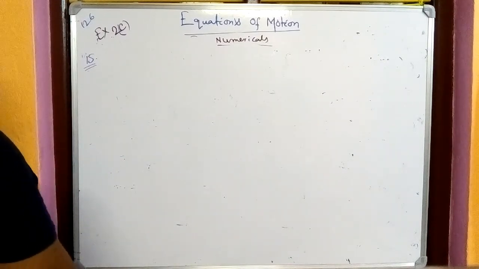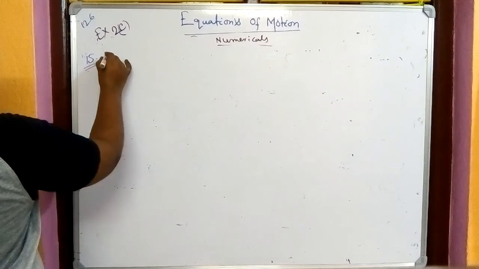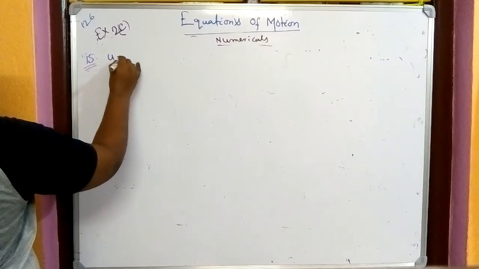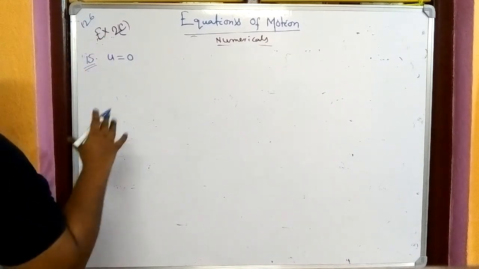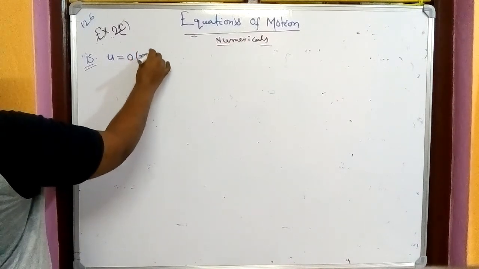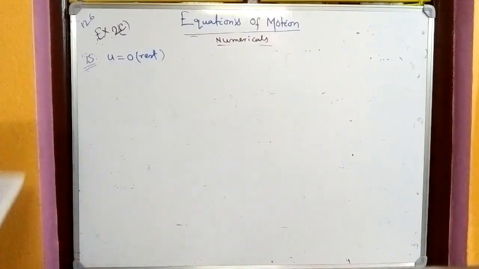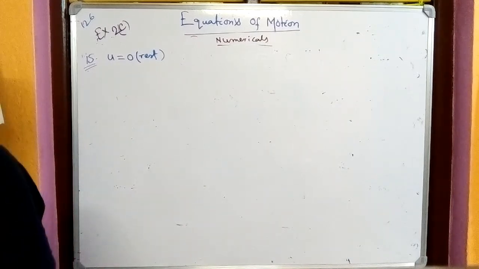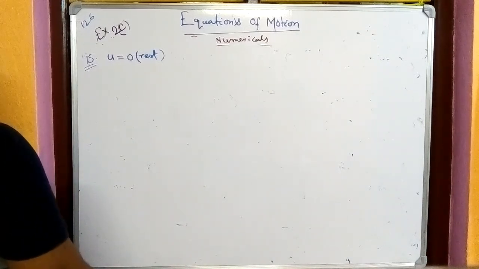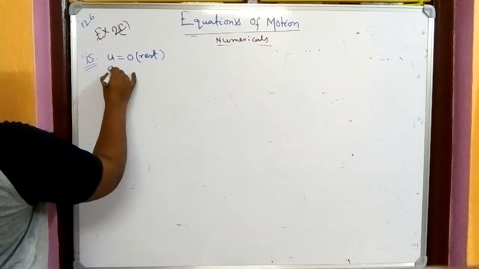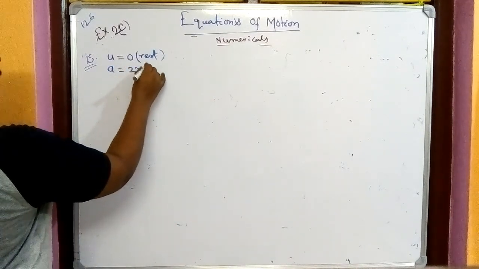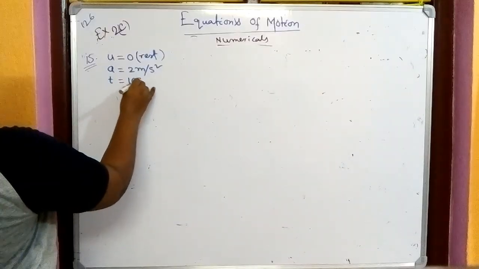A train starts from rest. First information, u equals 0. Starts from rest means the initial velocity is 0, so u equals 0. Uniformly at a rate of 2 meter per second square for 10 seconds. So acceleration a equals 2 meter per second square and time t equals 10 seconds.